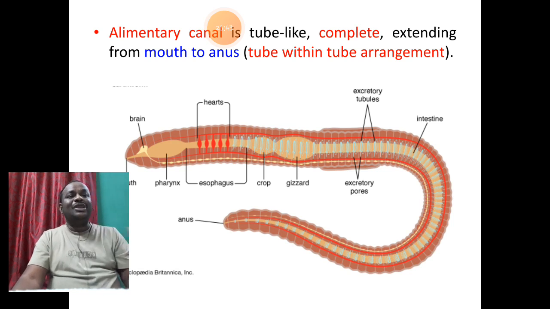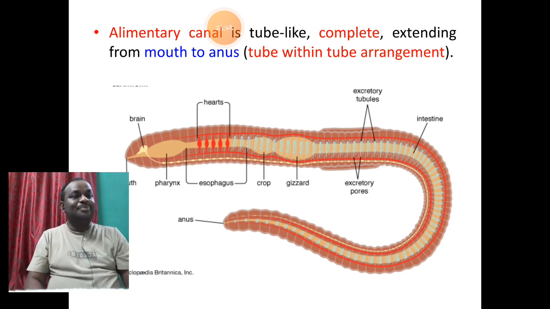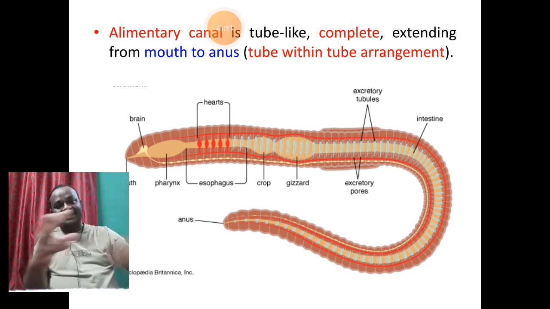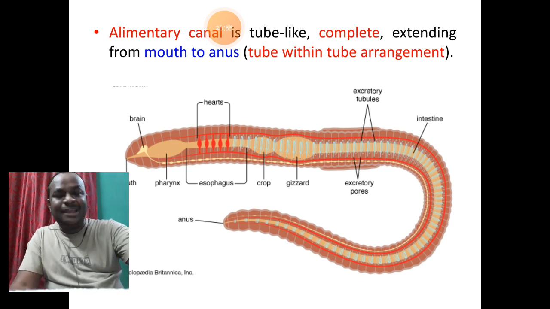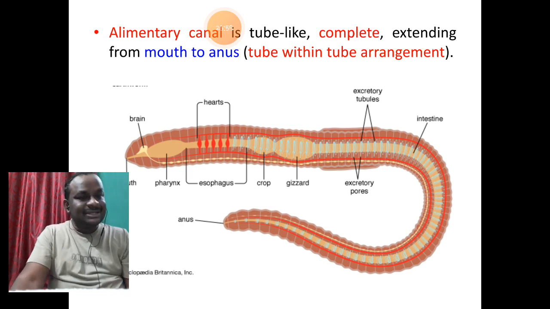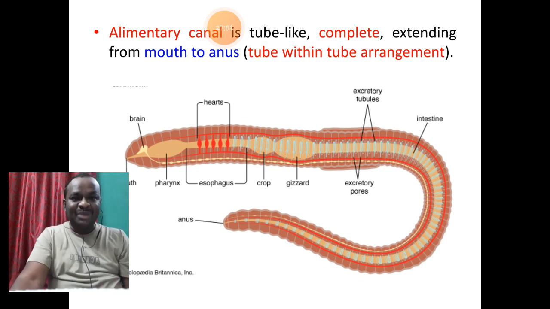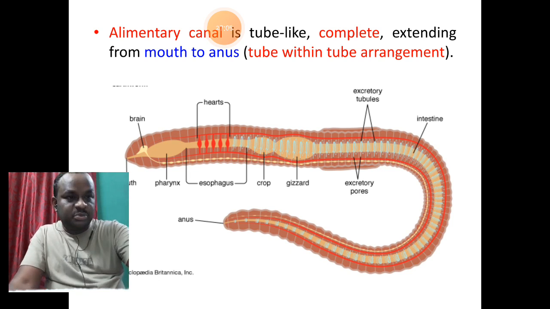So overall the body, when we look at it in cross section, appears to be a tube within another tube, the body having the tube of the digestive system. So that's the arrangement of the alimentary canal in the organism. Remember, it is complete, it is muscular, it is tube-like, and it shows a tube within tube arrangement.